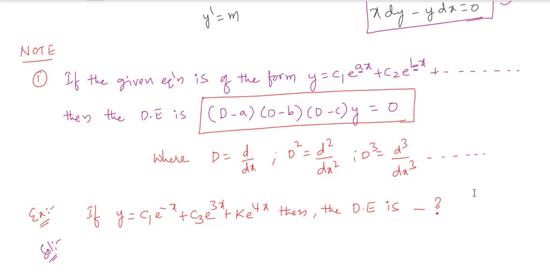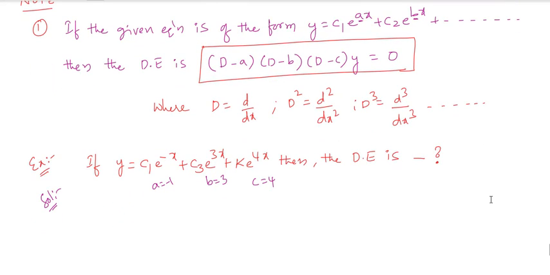So if you compare this with c1 e to the power of ax plus c2 e to the power of bx and so on, the value of a is what? Minus 1. Then b will be 3, and c will be 4. So now the differential equation will be what? Here we are having 3 constants.